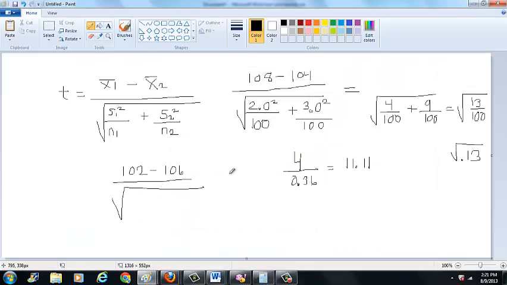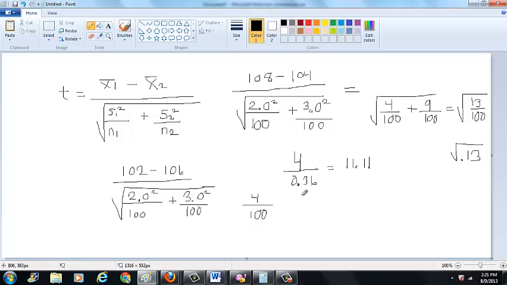So it's 2 squared over 100 plus 3 squared over 100, which ends up being 4 over 100 plus 9 over 100.